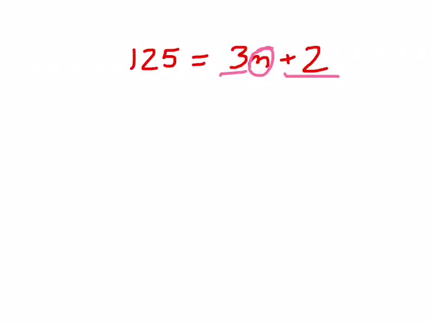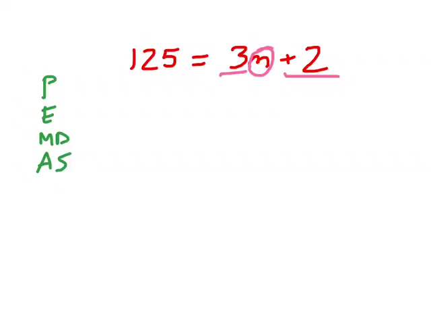And making the right decision about which thing to undo first is going to rely a lot on our knowledge of something we've talked about before, which is order of operations.